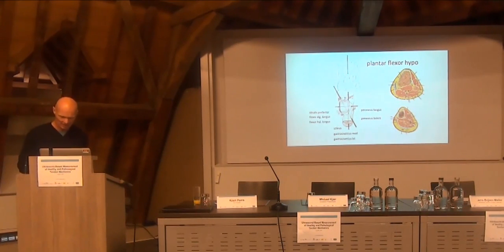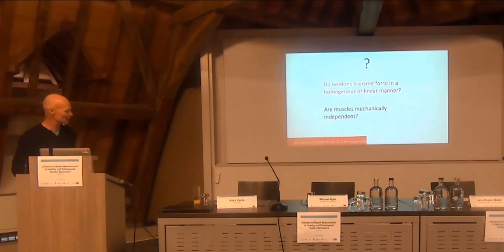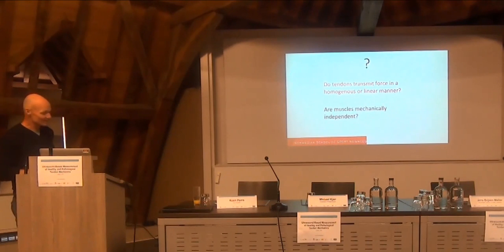The questions that I will try to address, and unfortunately perhaps not answer completely, are these. If this has to happen, as I just showed you, then you would suspect that tendons can transmit force, not like the bicycle wheel or the first drawing I showed you, but in a non-homogeneous manner.